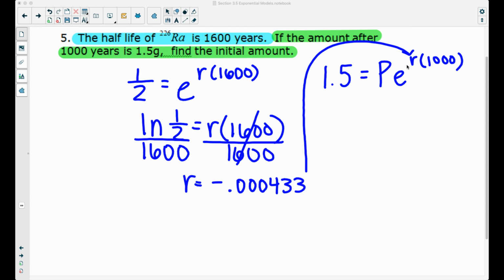E raised to whatever my rate was times 1,000. So I can do 1.5, but I'm actually going to do alpha y equals 1.5 divided by e raised to the answer that I just got times 1,000.